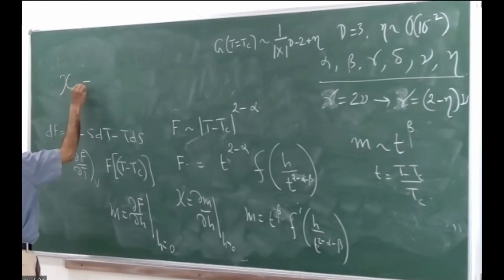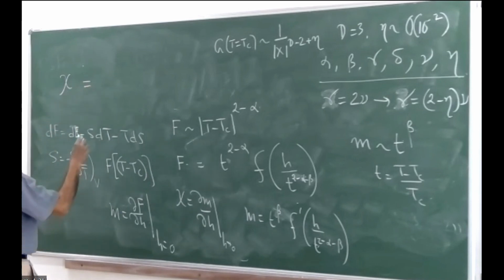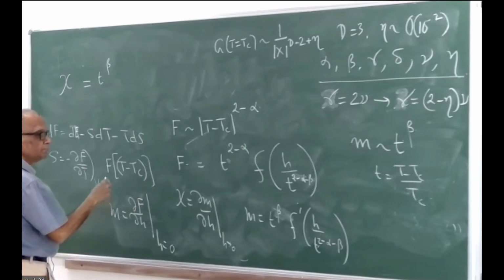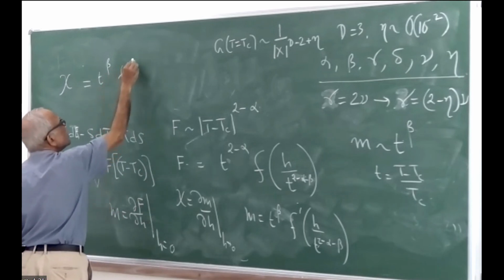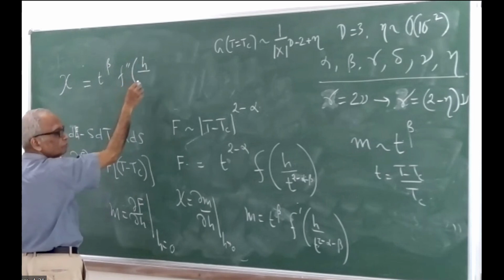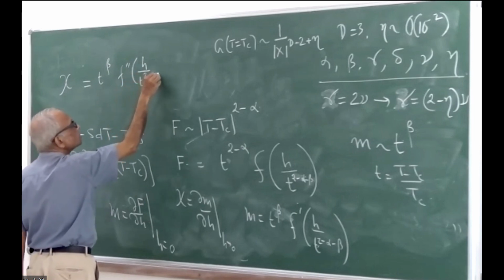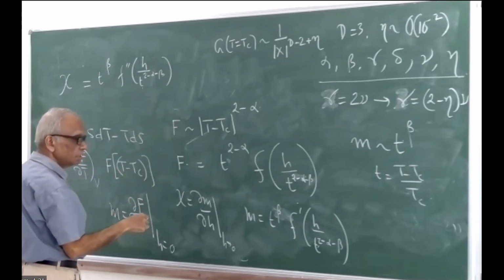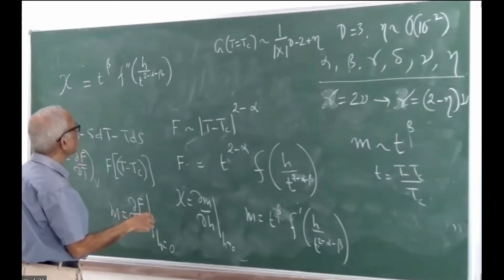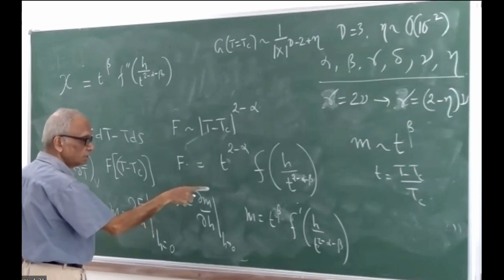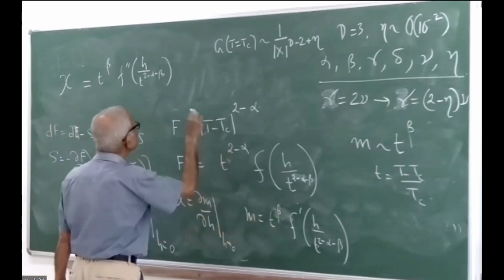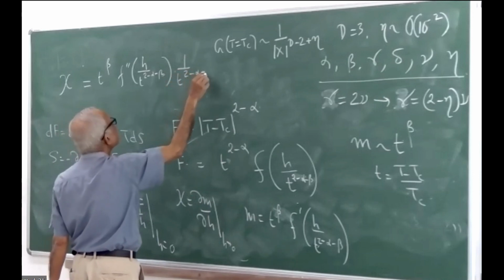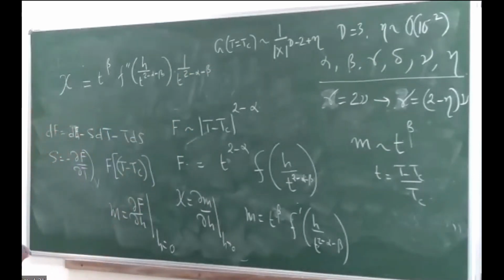So chi is equal to t to the power beta, and then you have f double prime of h over t to the power 2 minus alpha minus beta, and then a derivative of this, so it is 1 over t to the power 2 minus alpha minus beta.